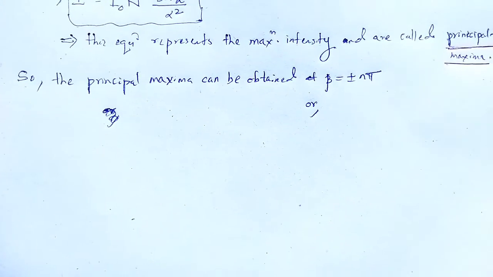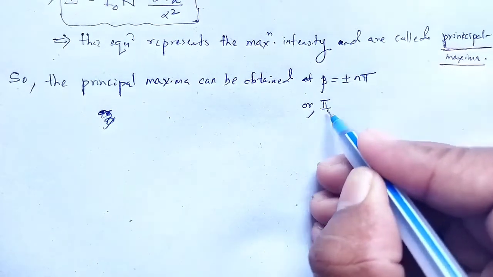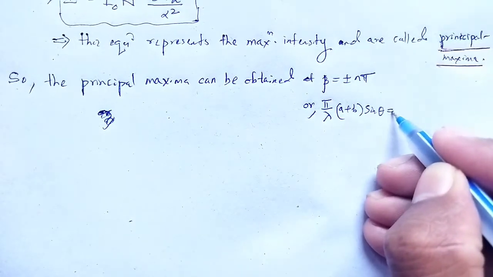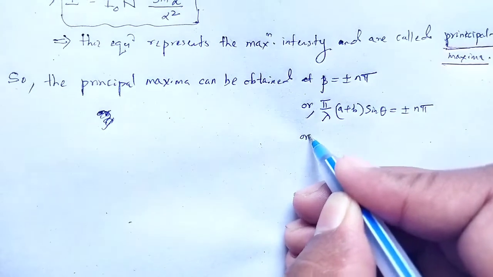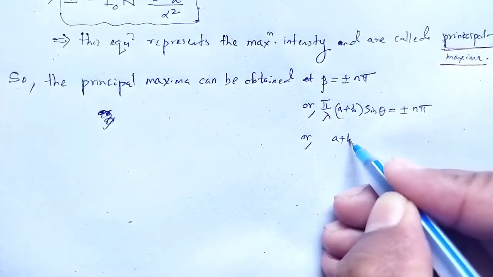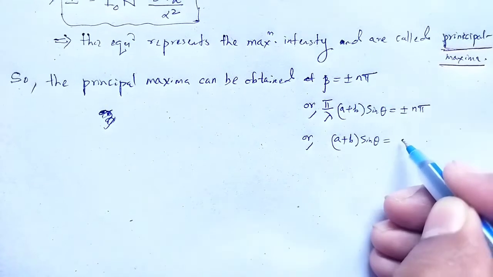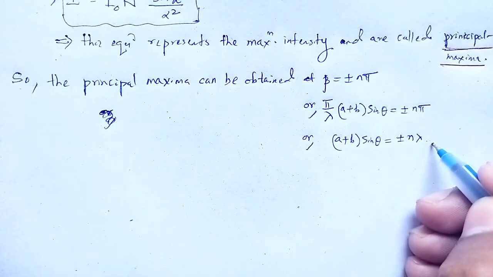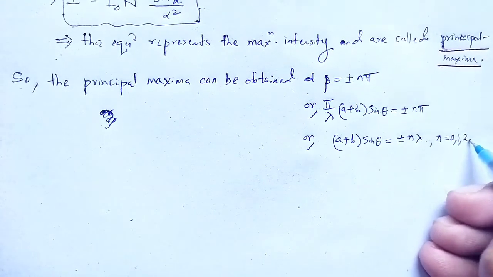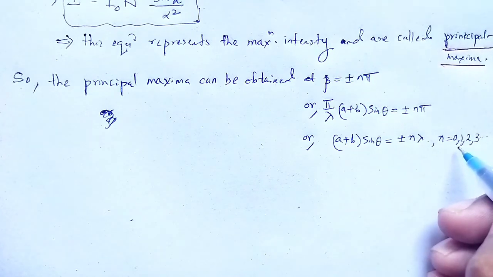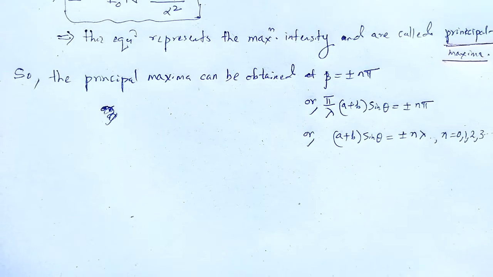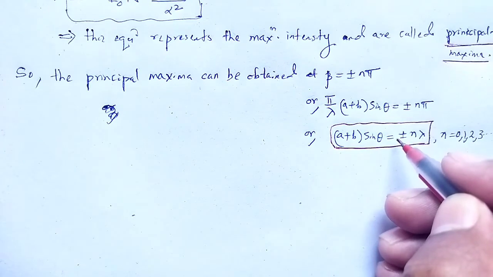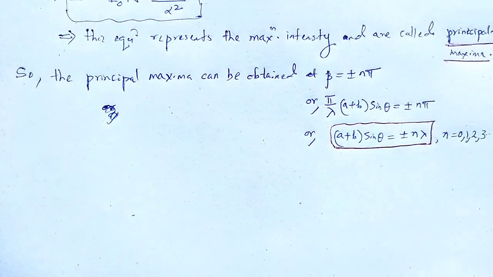So, the value of beta, pi by lambda a plus b sin theta is equal to plus minus n pi, or a plus b sin theta is equal to plus minus n lambda, where n is 0, 1, 2, 3 and so on. That will be the condition for principal maxima, when path difference is an integral multiple of lambda.